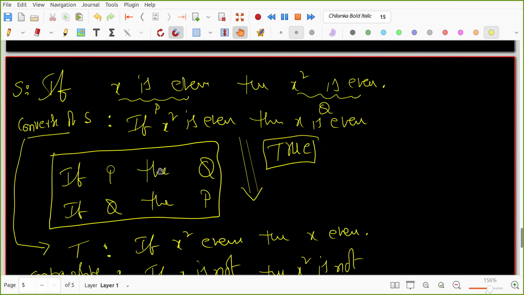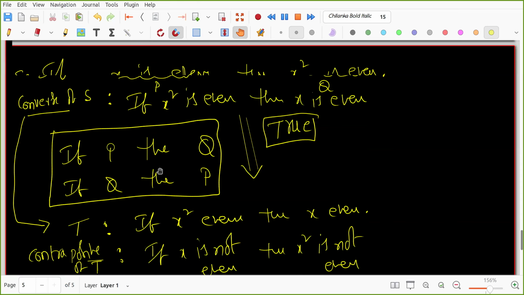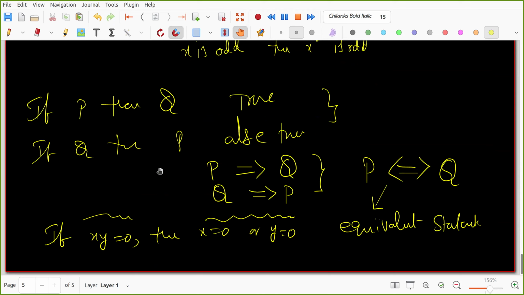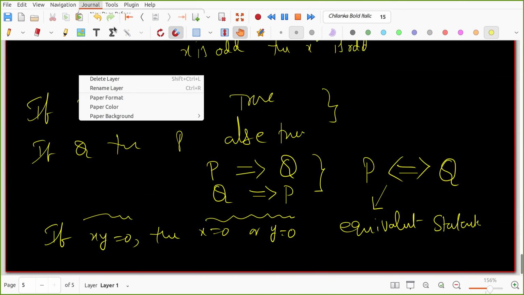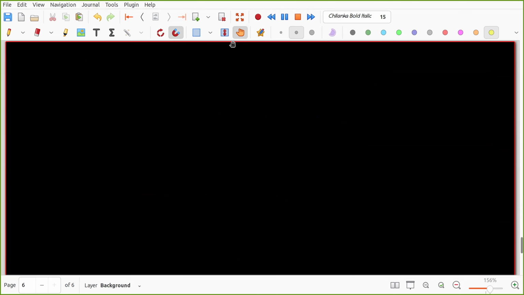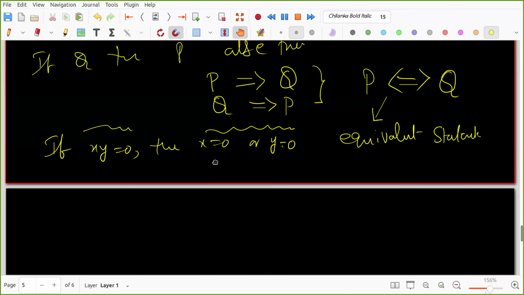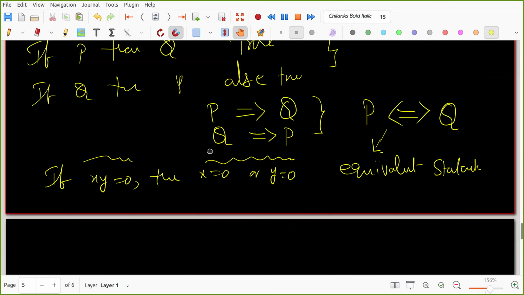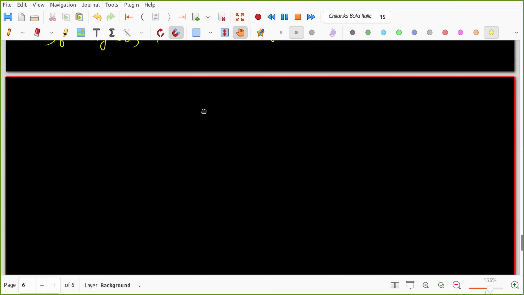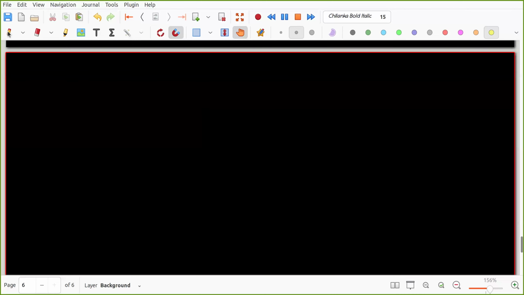If you show one of them, the other is automatically true. Sometimes a proof may be difficult, but the equivalent statement may be easy to prove. We'll see those things later, one by one. Today we are understanding this for the first time.